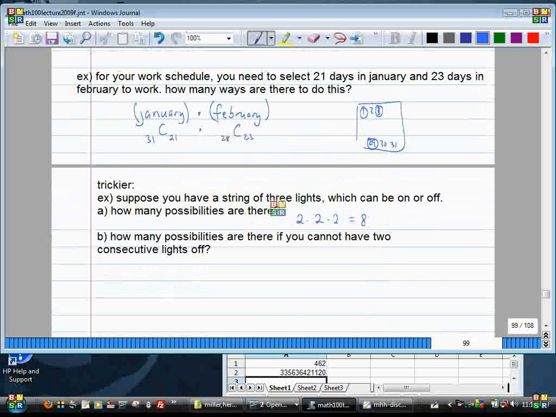I don't think so, but let's check it out. Alright. So the way to work this out is with a tree. I'll tell you that directly.